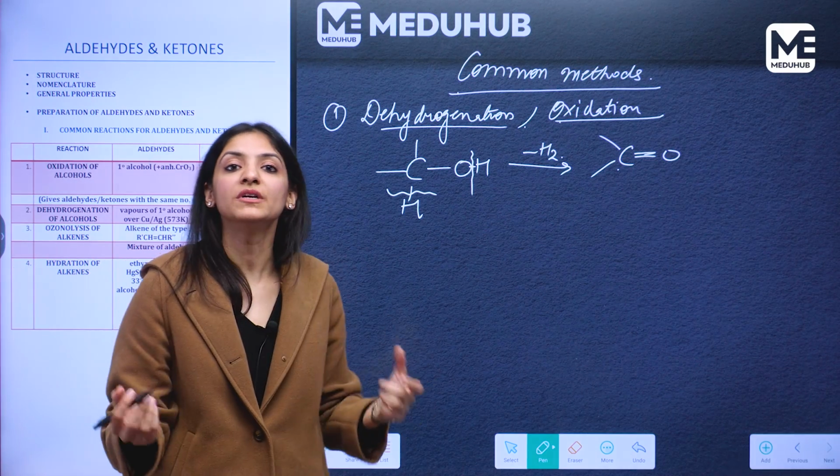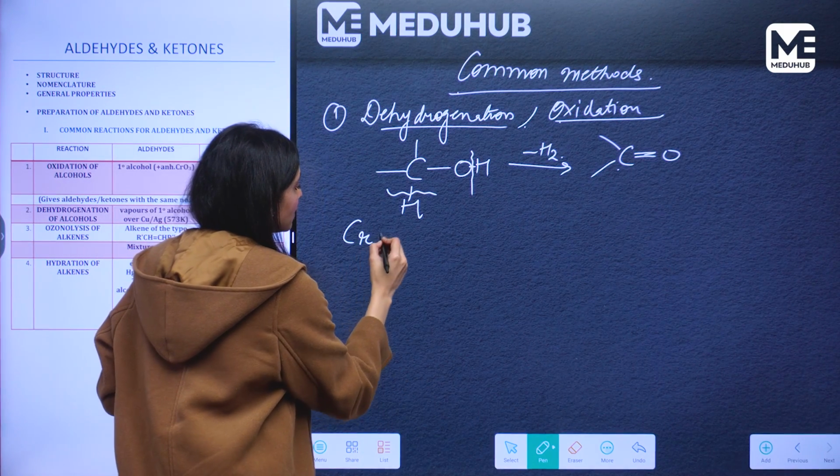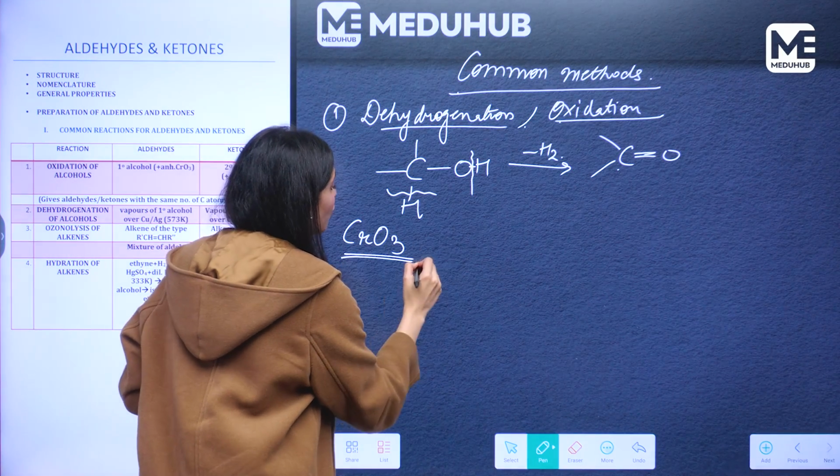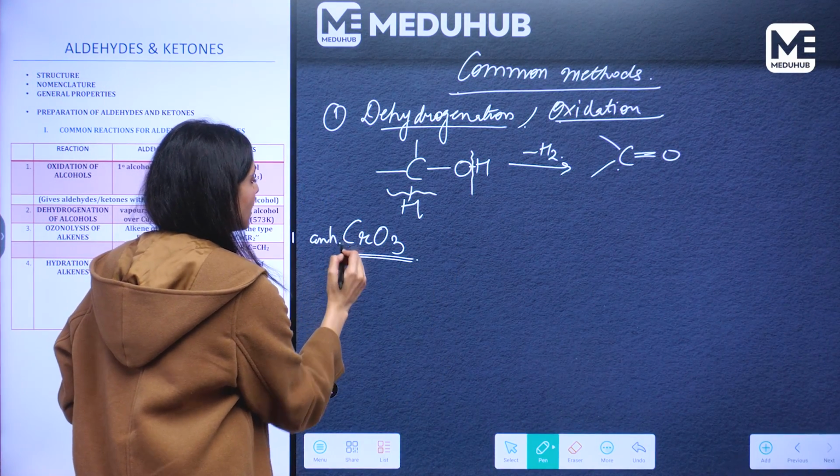There are two ways to dehydrogenate alcohols. One is using chromium trioxide or chromic oxide, anhydrous CrO3.